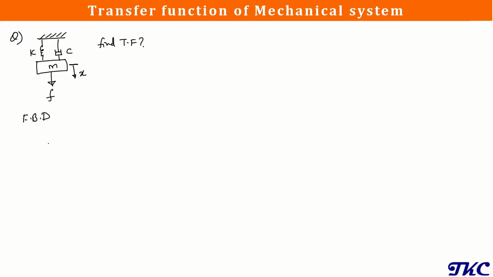We will have the mass first. Since the force is acting in the downward direction, the displacement of the mass will also happen in the downward direction. When the mass moves downward, this spring as well as this damper are going to resist this force, so they apply force in the reverse direction.